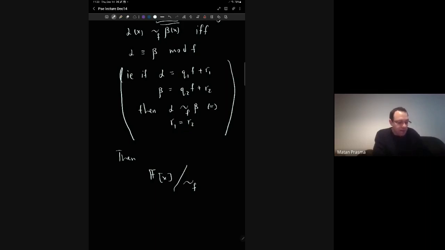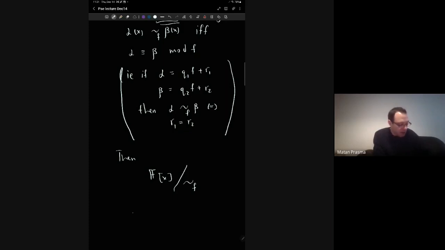And it is the set of equivalence classes of polynomials with respect to this modulo f relation. And the same story holds for integers. Remember, the analogy for polynomials over a field is that you can do very similar things to what you can do with integers. Basically, all the things that rely on long division can be transported to polynomials.